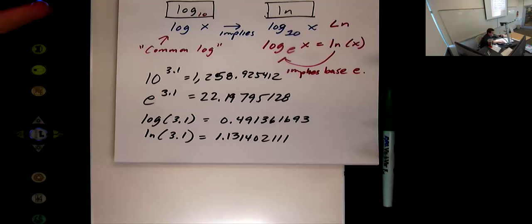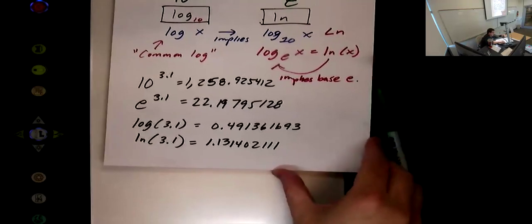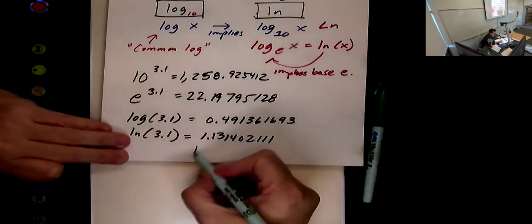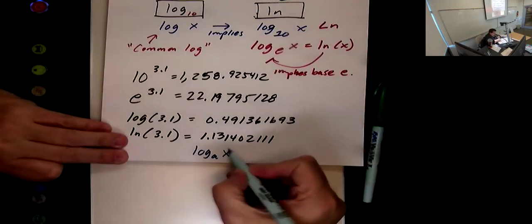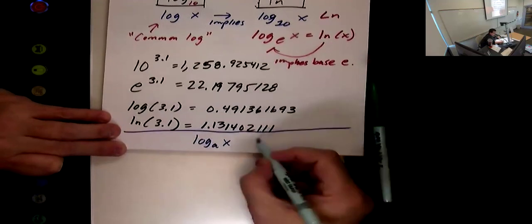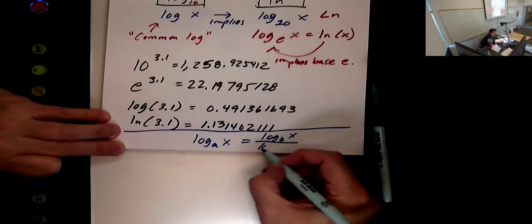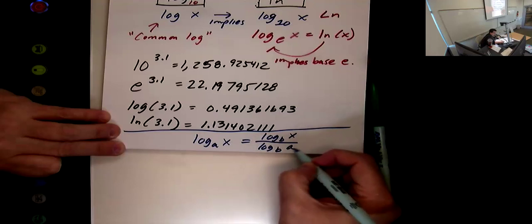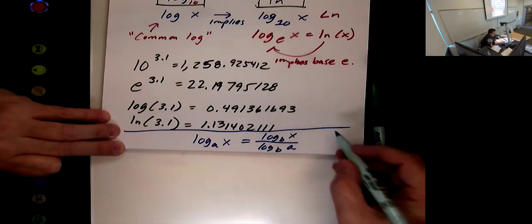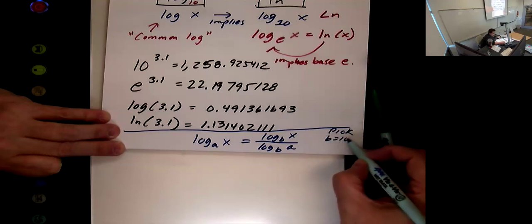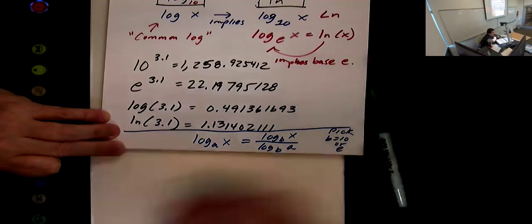Actually, I'll just show it to you real quick. The change of base for log base a of x: you can do log base b of x divided by log base b of a. And so picking b equal to 10 or e allows you to use the calculator.